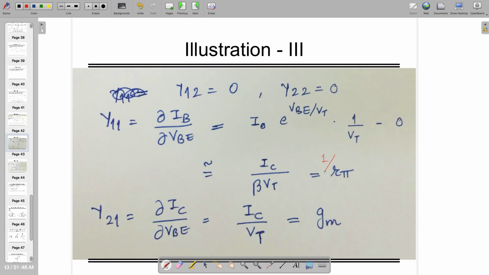Are you getting the same answer or something else? IC by beta Vt. Maybe if you are adding eta, in this equation eta has been taken as 1. If you are considering eta, then it's beta times eta Vt.